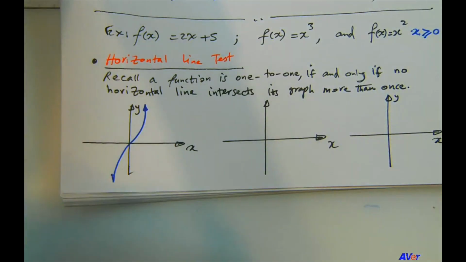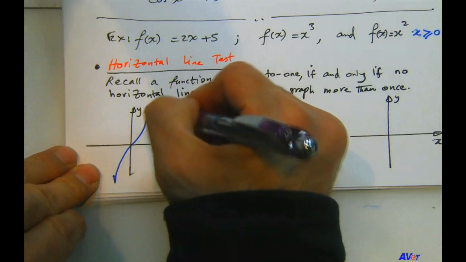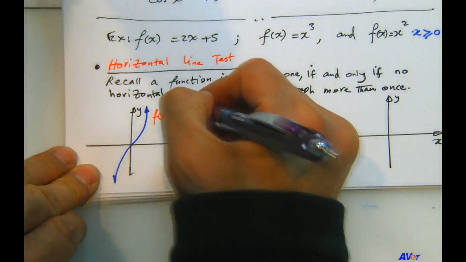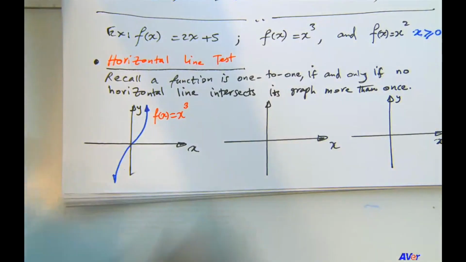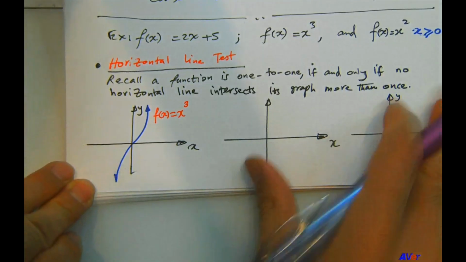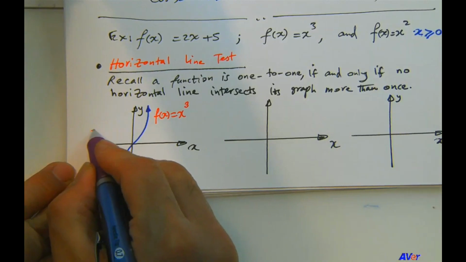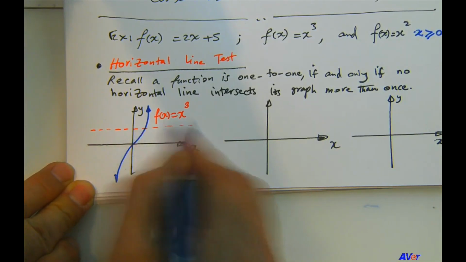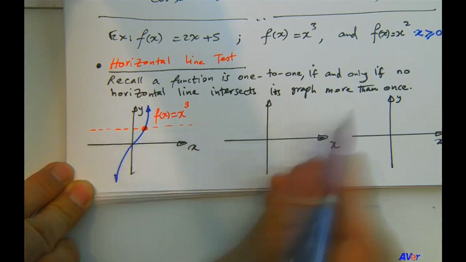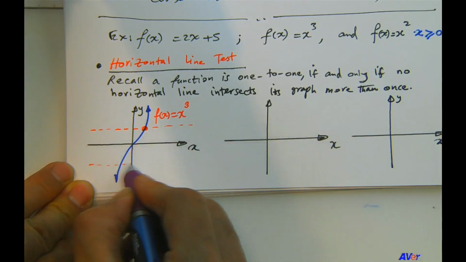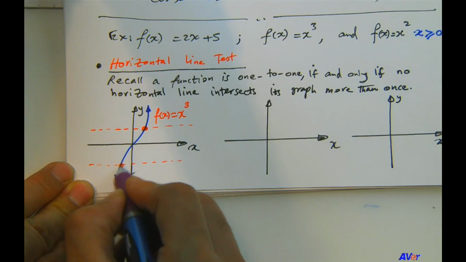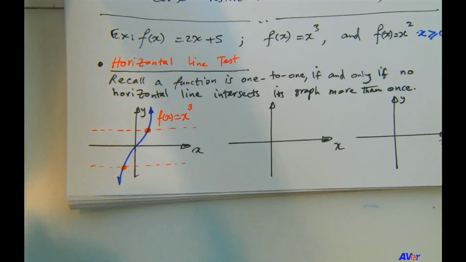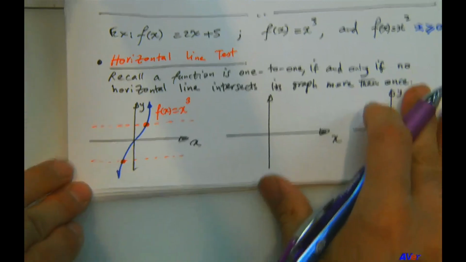So suppose we have f of x equals x cubed, and of course you can see that any horizontal line will intersect this graph at only one point, right? If we draw it here or if we draw it here, it's the same story. So this is in fact a one-to-one function.